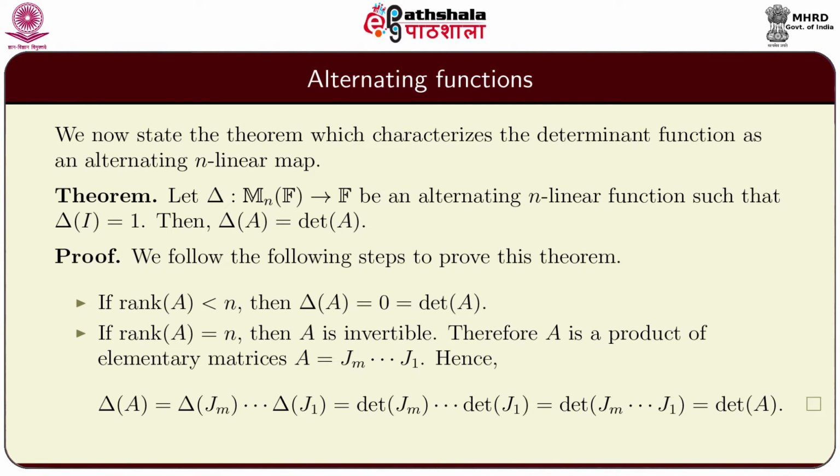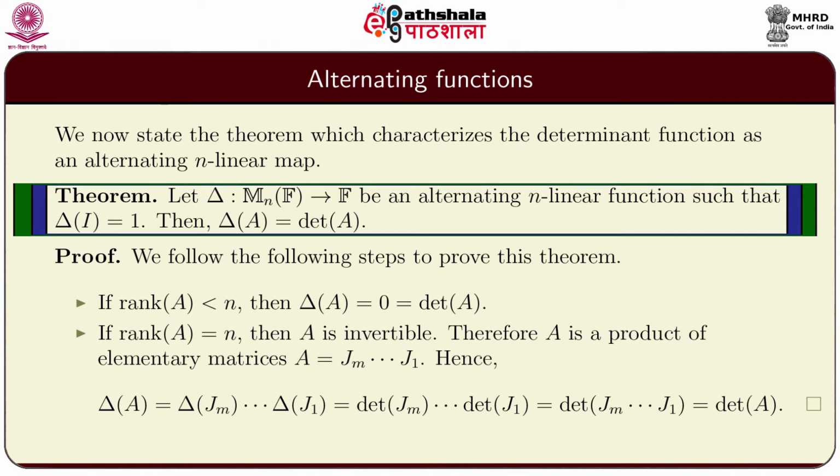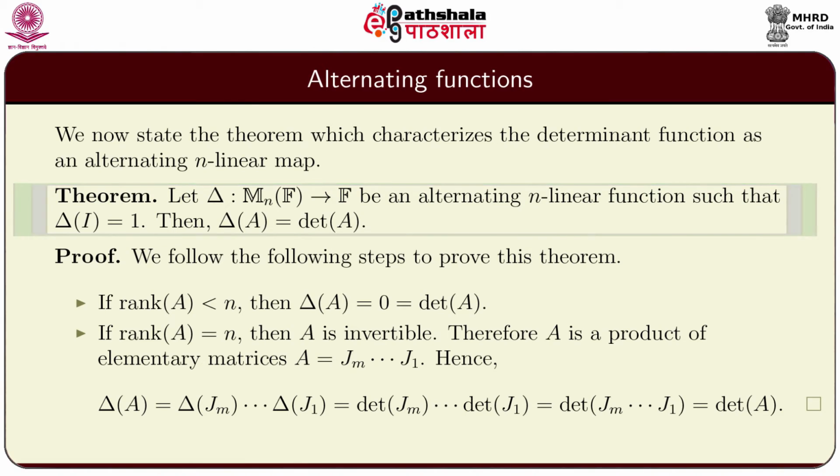Now we are in a position to state the characterization theorem, and it says that determinant is the alternating n-linear function such that delta of I is 1. Proof: we follow these steps to prove this theorem.